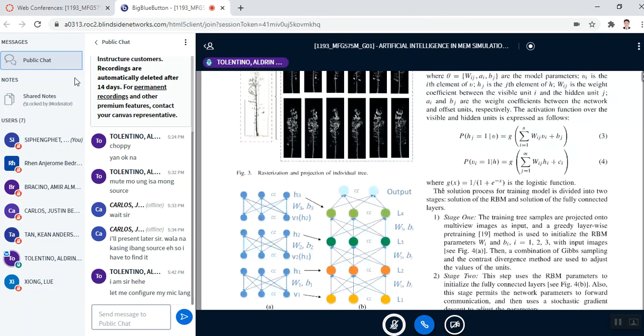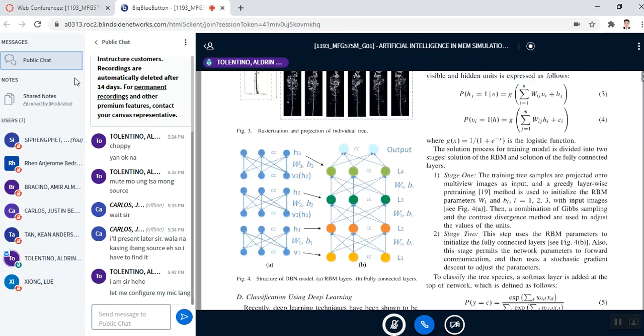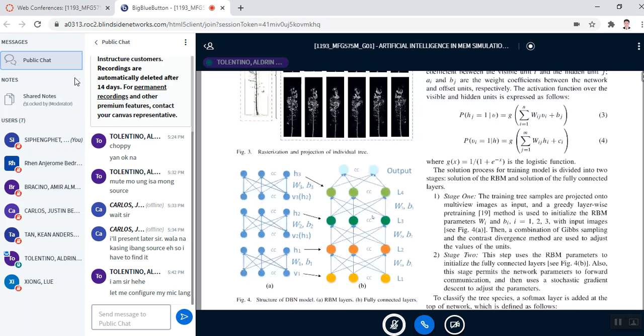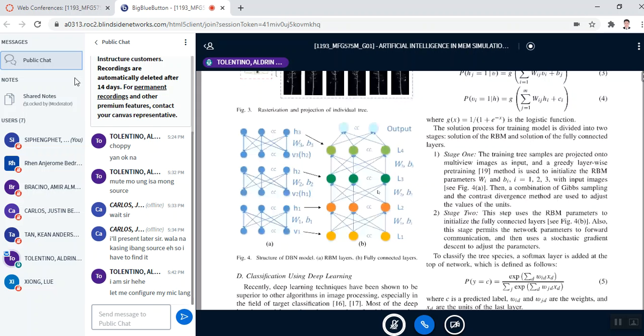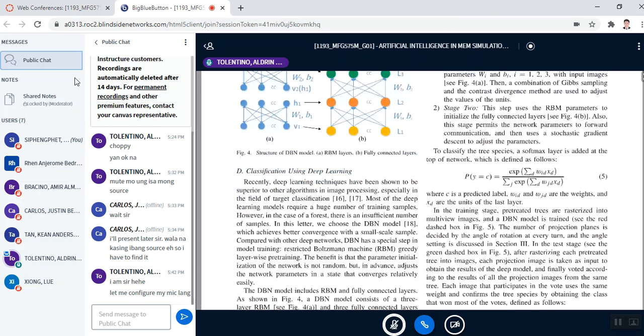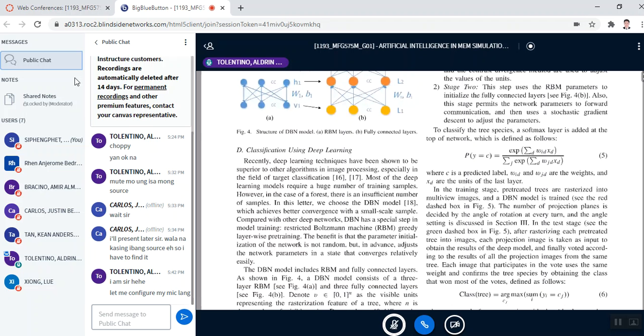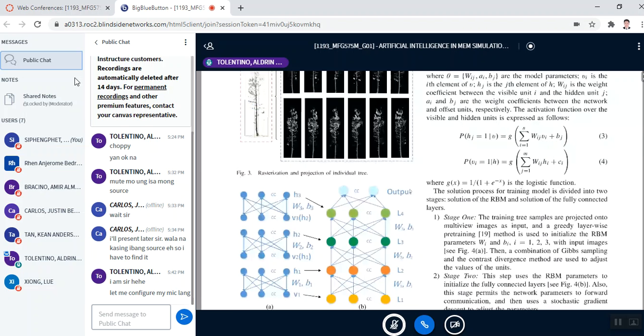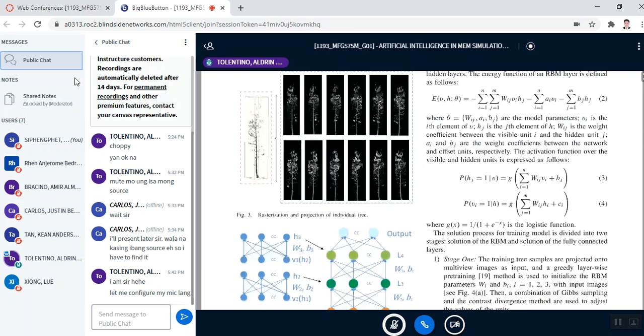So in their classification, they used DBN. This is a very technical term which I'm not that familiar with, and they say it also involves a Boltzmann machine.